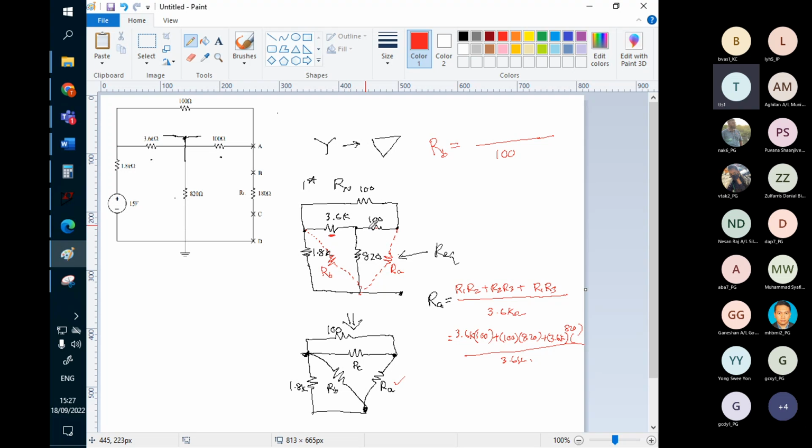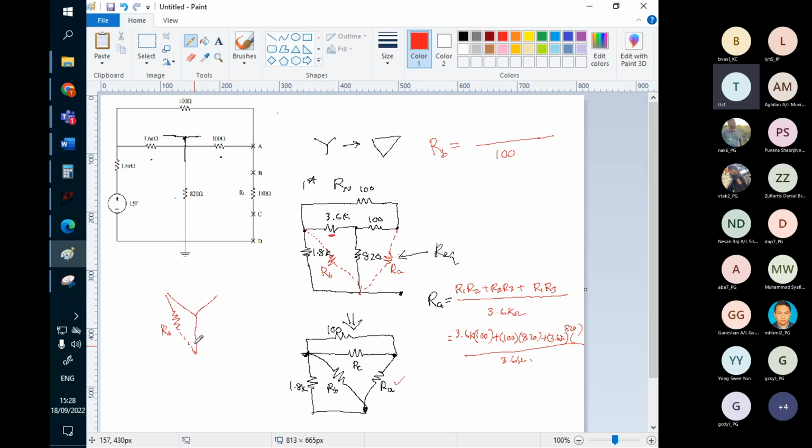Because the way I draw it, it is very difficult for you to refer to, right? So if you really draw a real Y and put your RB here, it starts to make sense. This one is the opposite, right?